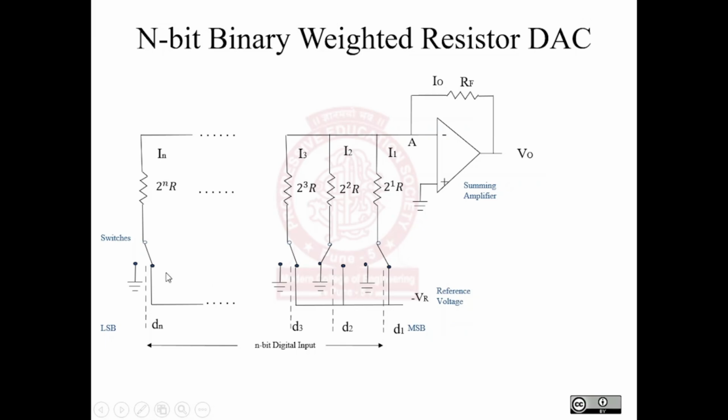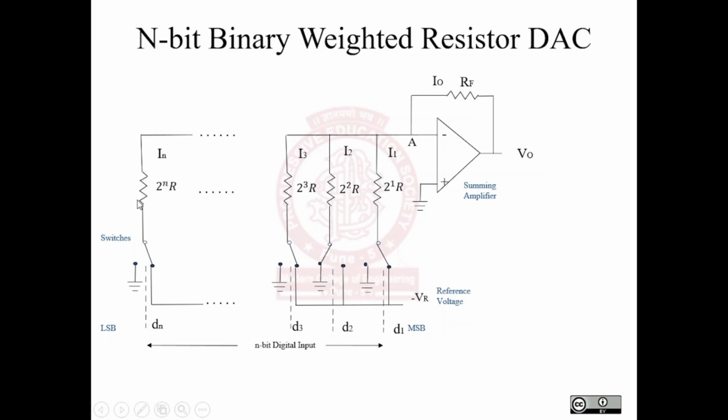These are toggle switches which are either a 0 or a 1. The switches are connected to the reference voltage. Please observe that the reference voltage is negative here, and the other terminal of the switch, like switch 1, switch 0, is connected to ground. This other part of the switch is connected to the resistor.